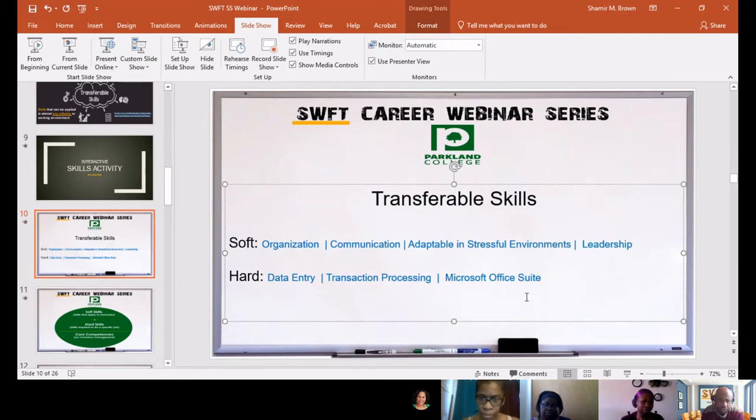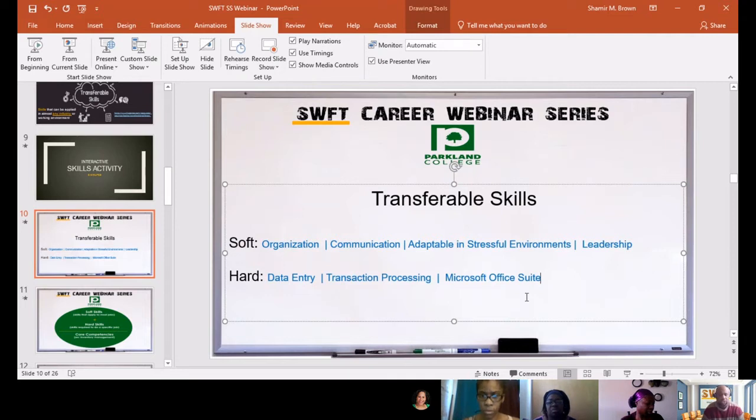Data entry is very good. It's pretty transferable. Transaction processing for sure. Microsoft Office Suite is a very good hard skill. It may not be useful in some environments, if you're simply not doing anything on the computer or not ever going to be required to. It's a very good skill to have, but it may not be one that floats across every industry.